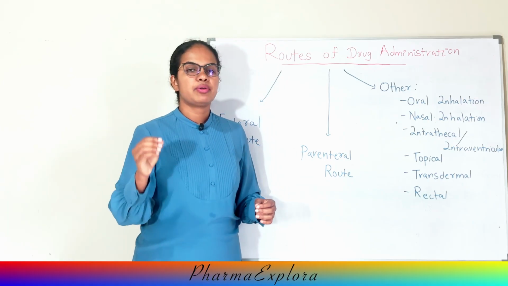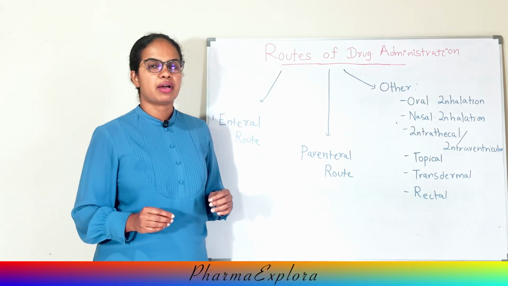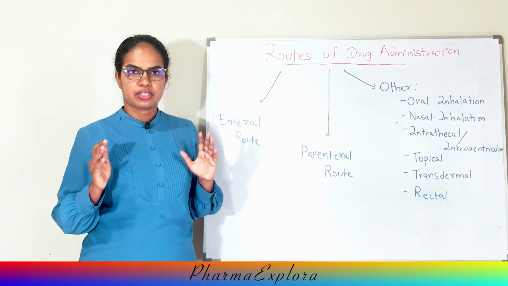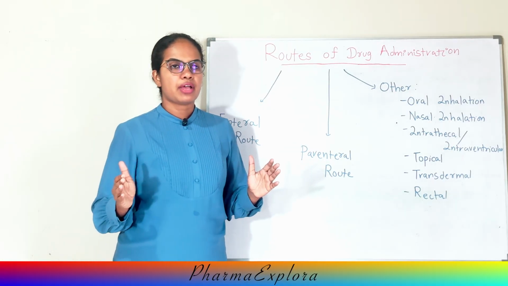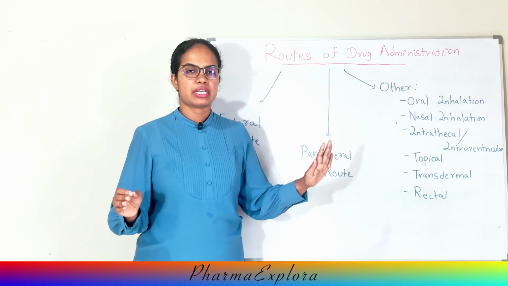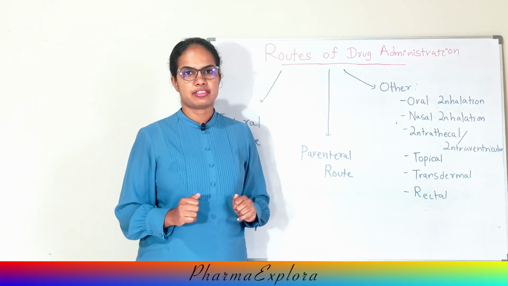Likewise, the therapeutic outcome also determines the decision of routes of administration. So the route of administration is determined by the properties of the drug as well as the therapeutic outcome.